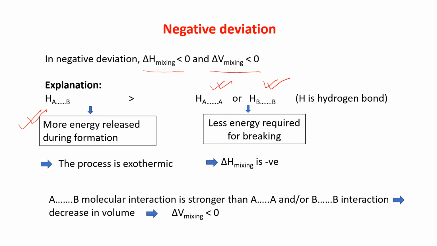So when the solution is forming with the components A and B, more energy is released. As energy is released, the process is exothermic, and as the process is exothermic, delta H mixing is negative.